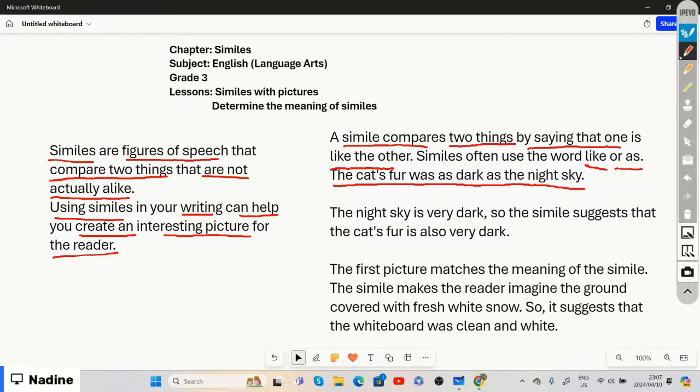If you look at both of those figures of speech, they are not actually alike. The fur of the cat and the sky are not even connected at all. However, we are comparing the cat's fur, how black or dark it is, to the night sky.